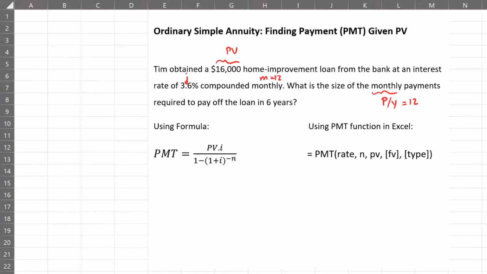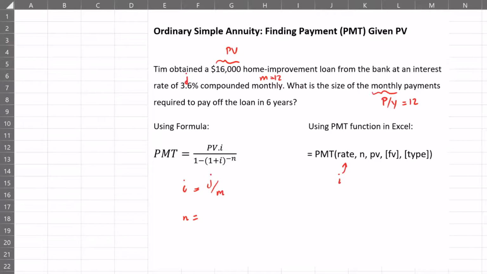If we want to use the formula as well as Excel, we need to find the periodic interest rate. So we need to find I, which is the nominal interest rate divided by the number of compounding periods per year. This is the interest rate per payment period, which for a simple annuity is the interest per compounding period, because these two periods are the same.